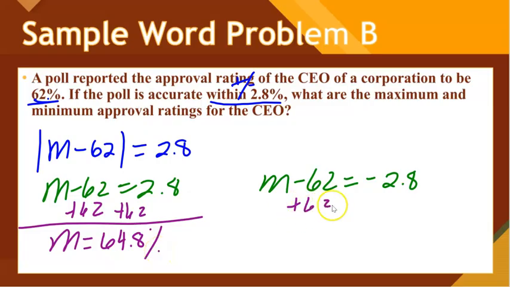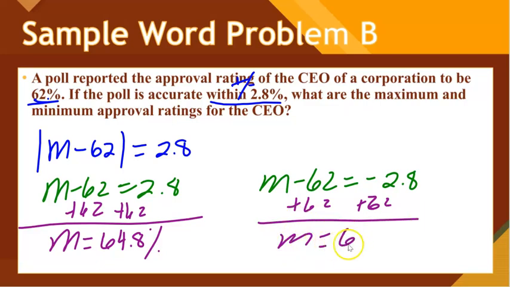Add 62 to both sides on this side, and the minimum is going to be, not 60.8, 62 minus 2.8 would give you 59.2. And that would be percent.